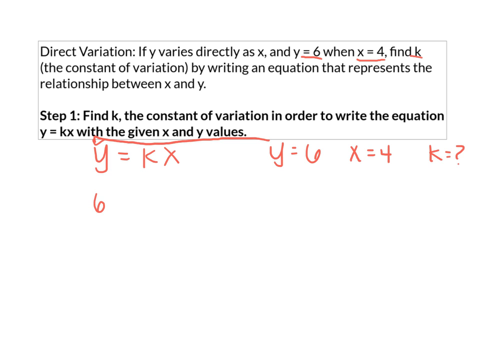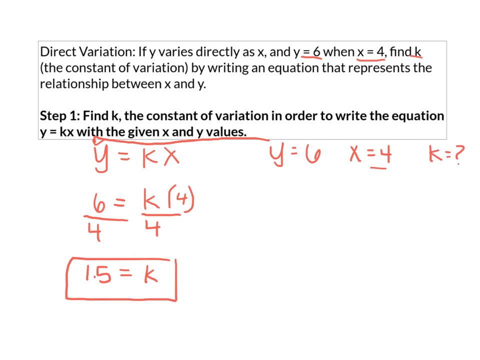So I'll say 6 is equal to, I don't know what k is, and then x is already given to me, which is a 4, so times 4. To solve for k, I'm going to divide both sides by 4. So k is equal to 6 divided by 4, which is 1.5.